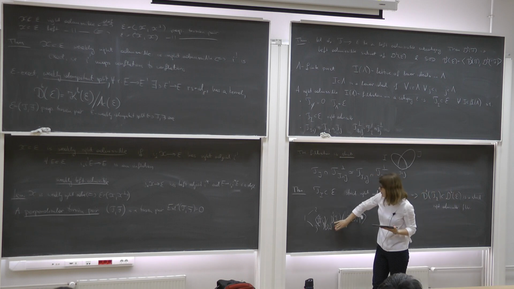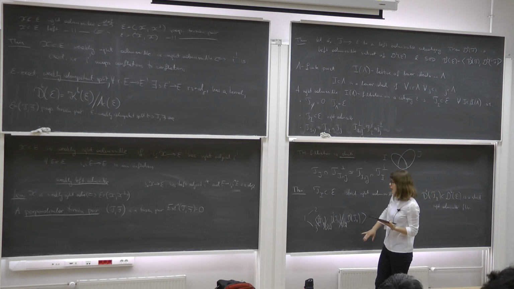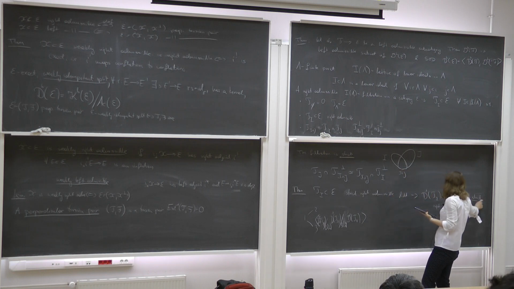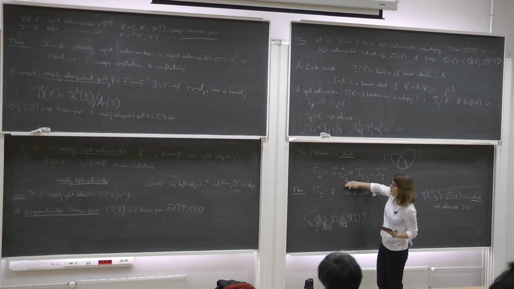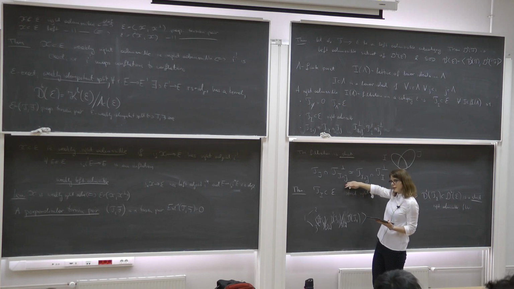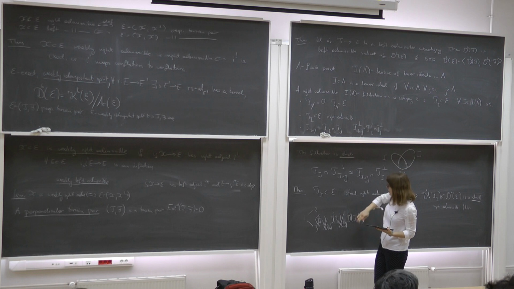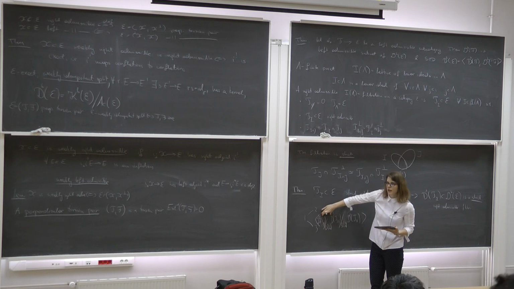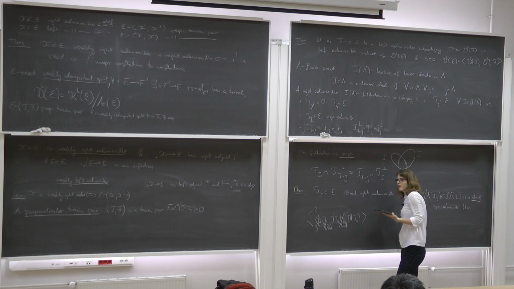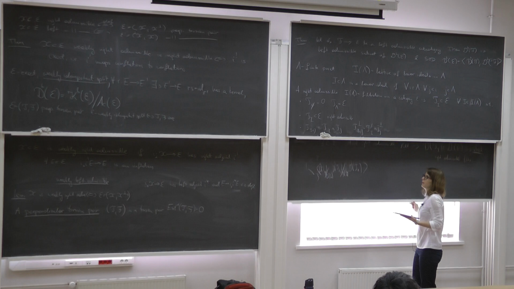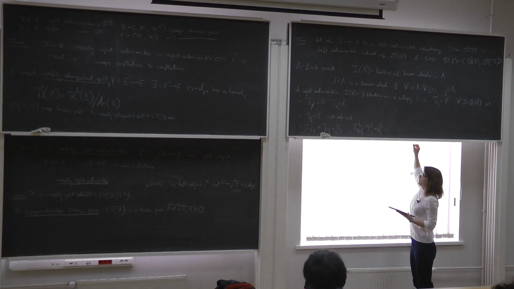So this is a semi-orthogonal decomposition, and the strictness means, when you have triangulated categories, you have quotients, and then the strictness means that there are no homs from this category to this category and vice versa. So these two categories are completely orthogonal. This is how you can formulate strictness when you think about triangulated categories.